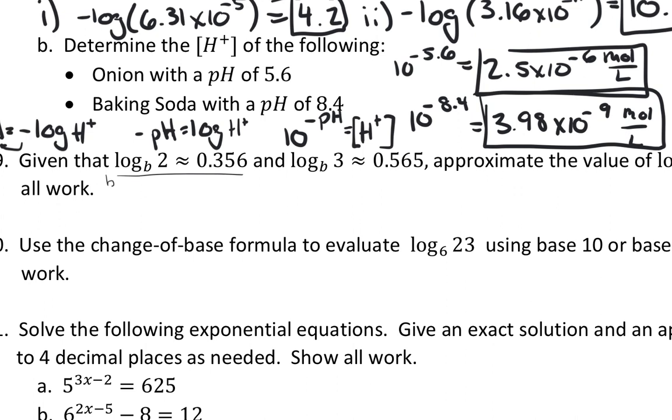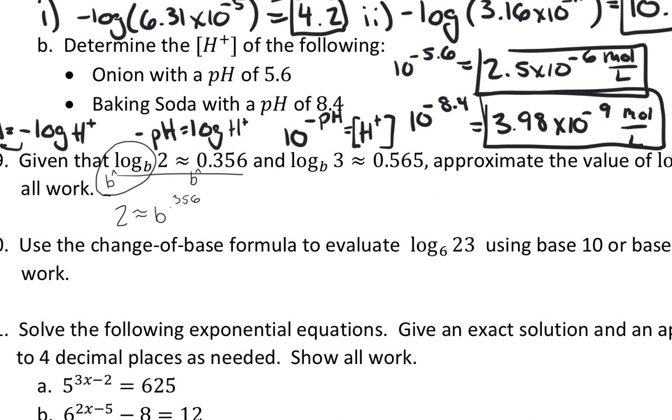So if we take this all to the b power, these are inverse functions of each other, and that will just leave us 2. So that means that 2 is about equal to b to the 0.356.